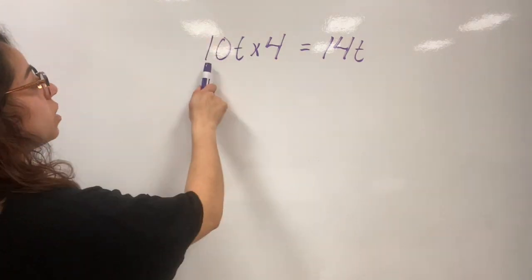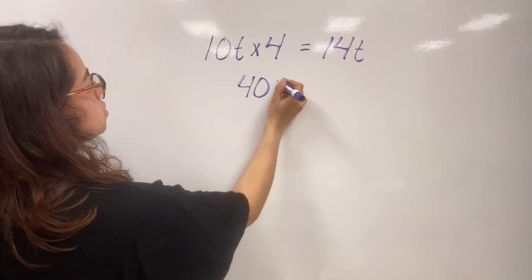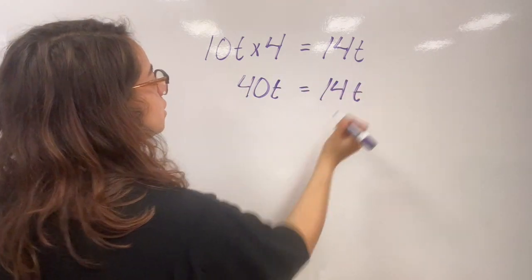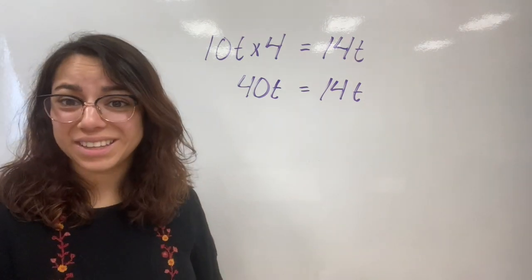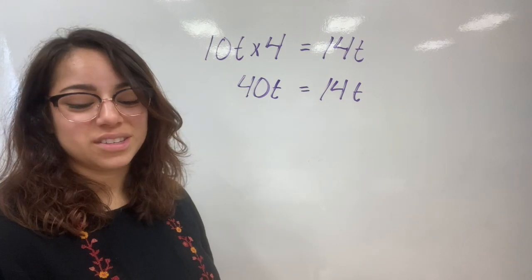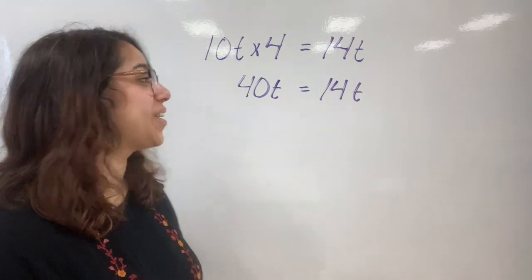So 10 times 4 gives us 40, and because they are still part of the same club, it's t. So is 40t the same as 14t? No, it is absolutely not. So this would not be equivalent.